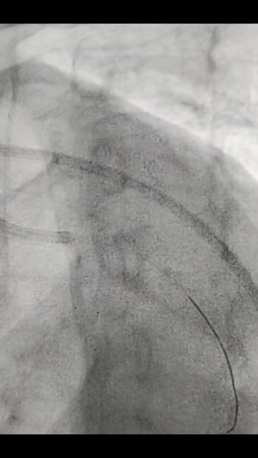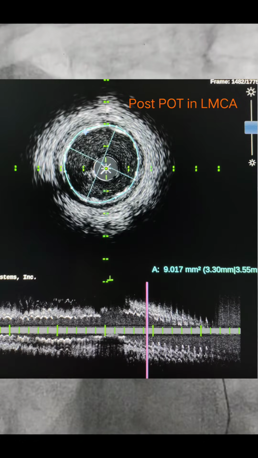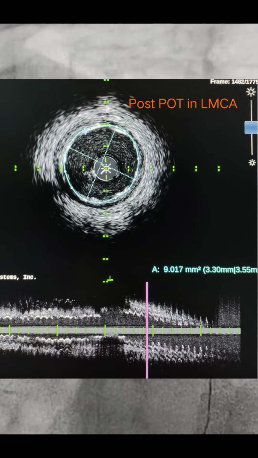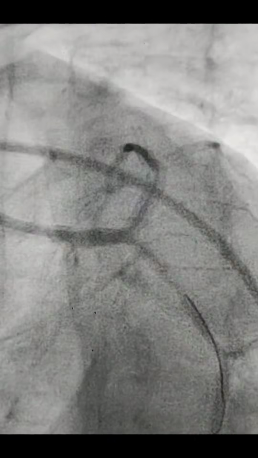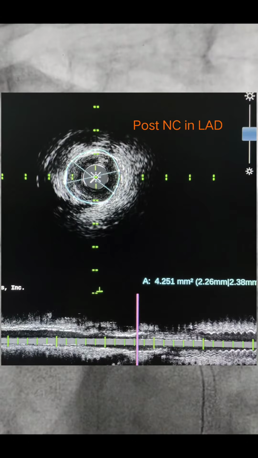So the area achieved in the left main was around 10 to 11 mm square in the IVUS, and in the proximal LAD the area was around 7 to 8 mm square.